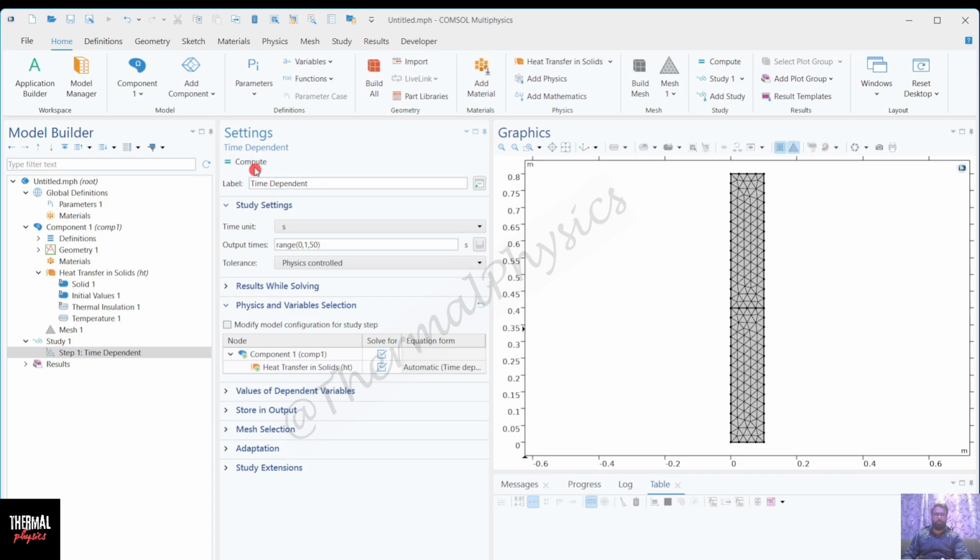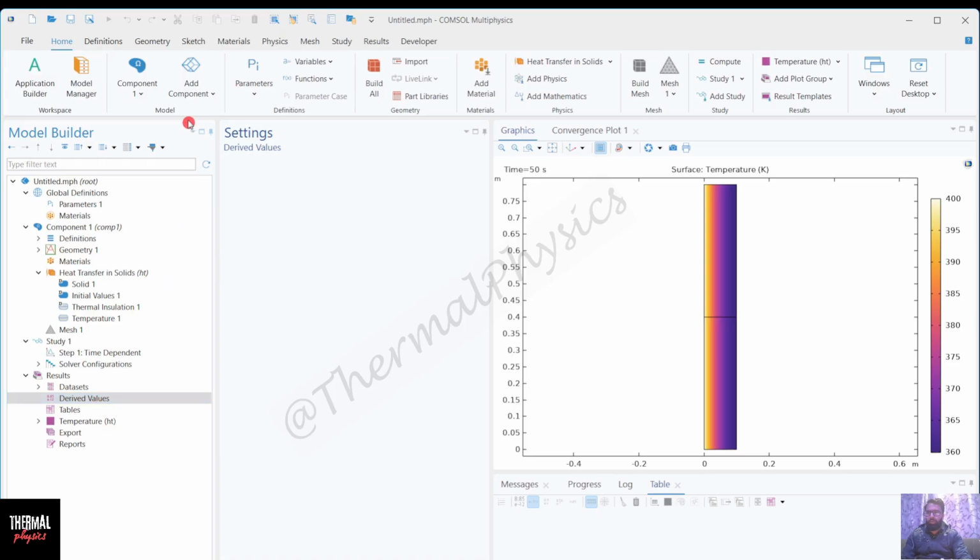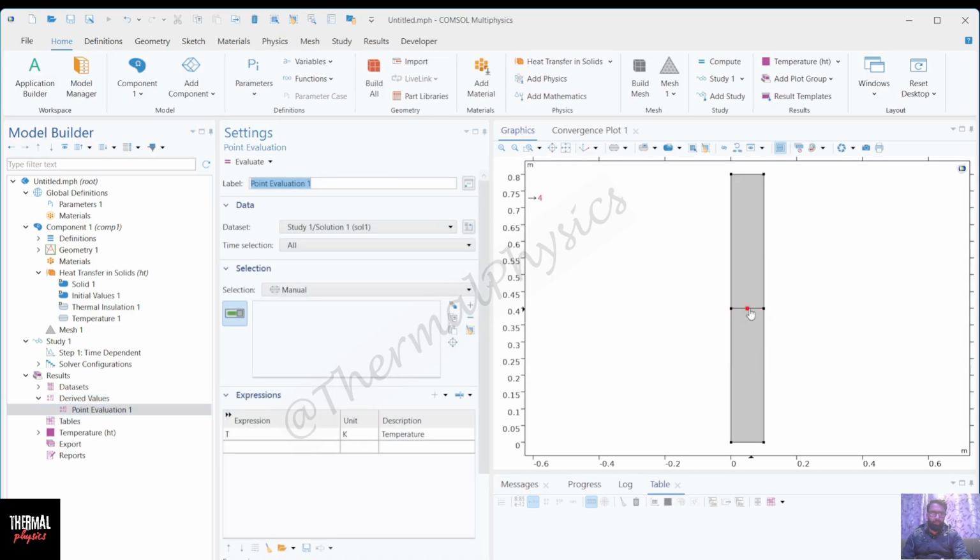When we solve this equation that we solved analytically, COMSOL is solving it for us. So we get this solution over here, and what we want to find is we will go to derived values, point evaluation, choose our point, convert the temperature into degrees Celsius, and evaluate.